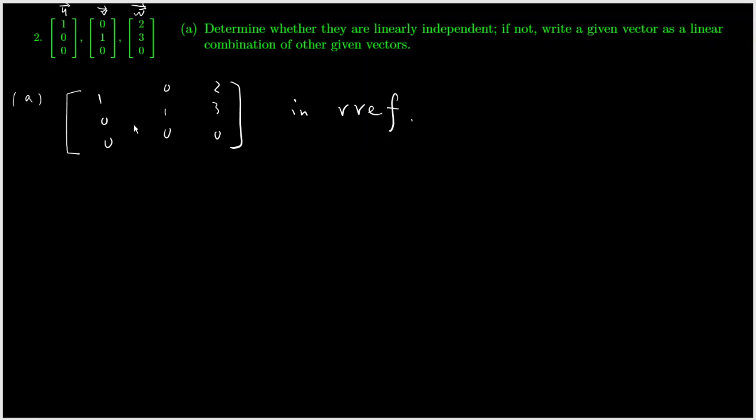By that I mean not every column has a leading one. So the given three vectors U, V, and W are linearly dependent. So question?